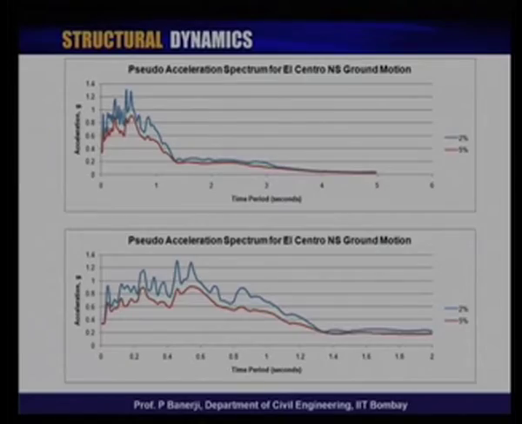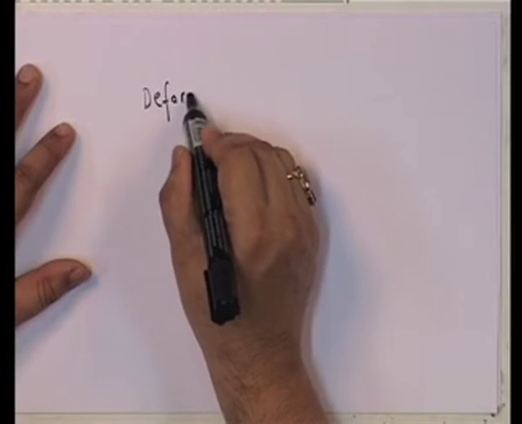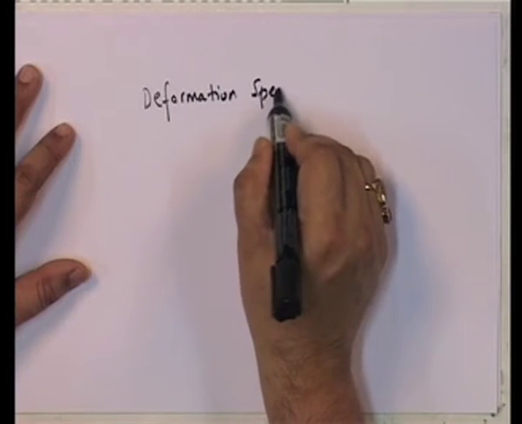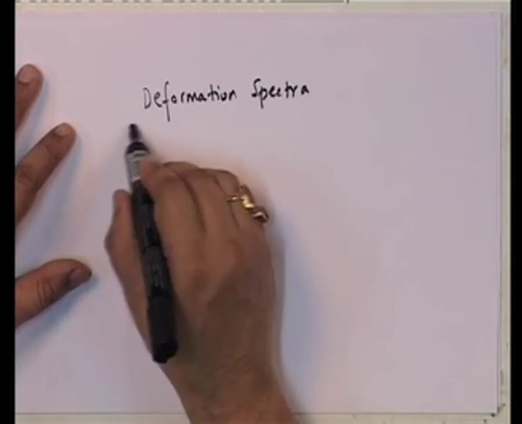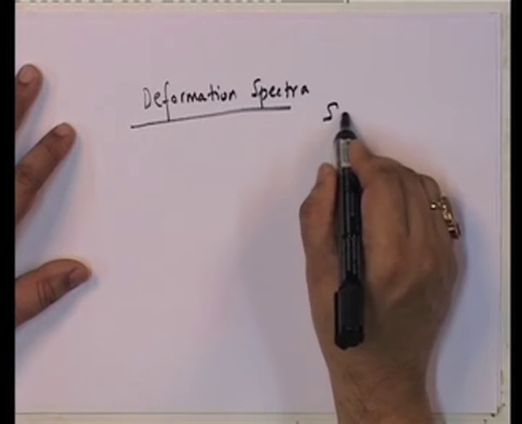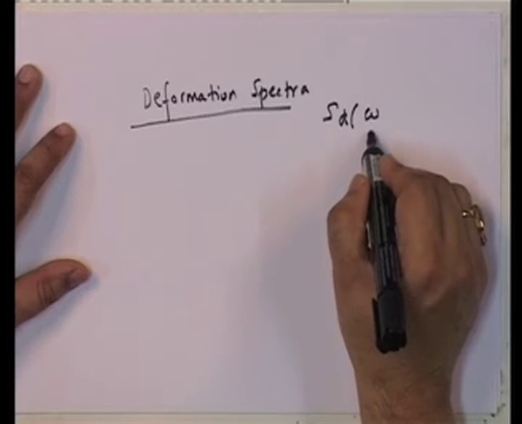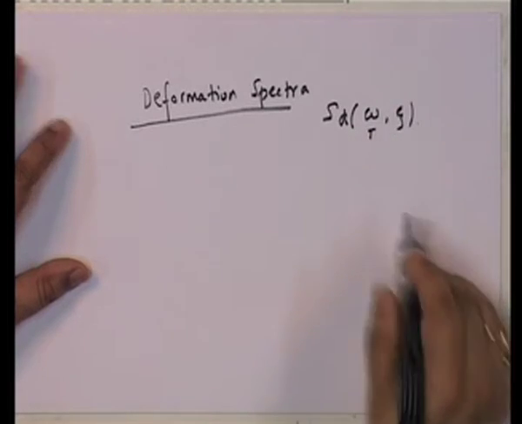Now, I have given you a reason for the deformation spectra. Deformation spectra is S d, function of omega or t, and xi.